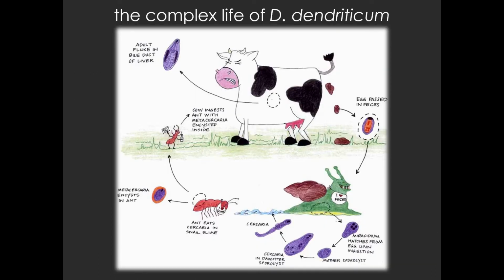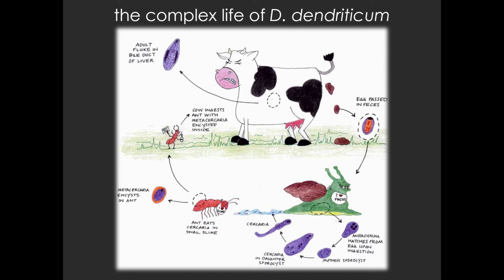Dicrocoelium dendriticum requires 3 different hosts in order to complete its life cycle, and they include cows, ants, and snails. The cow ingests the metacercaria, which has been inside of an ant, which we'll talk about in a minute.